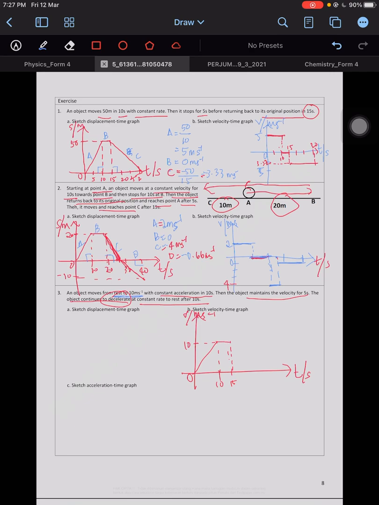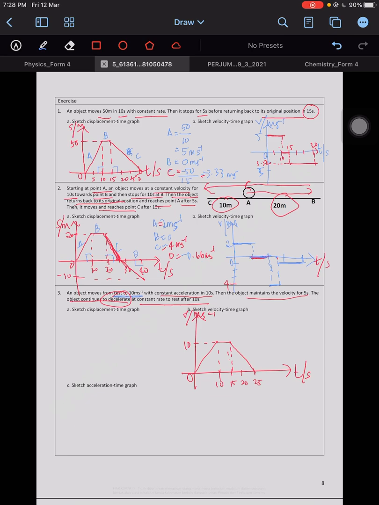Then the object continues to decelerate at a constant rate to rest after 10 seconds. So you need to add another 10 seconds. That means 15 plus 10 is 25. So from here it will be your 25.